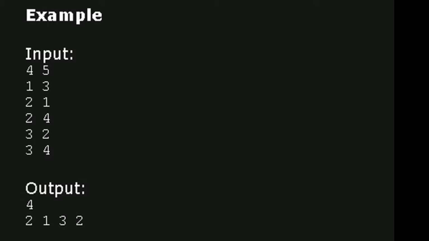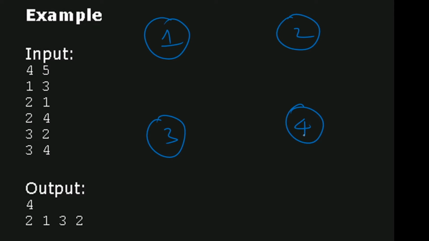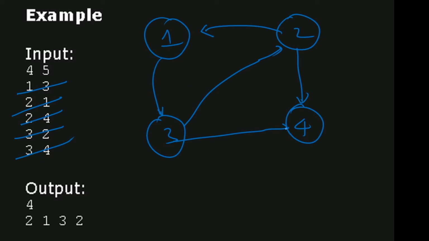Okay, so let's look at the sample test case. We have vertices 1, 2, 3 and 4. From 1 to 3 there is a connection. From 2 to 1 there is a connection. From 2 to 4 there is a connection. From 3 to 2 there is another connection, and from 3 to 4 there is a connection.